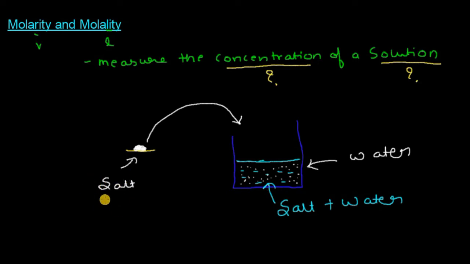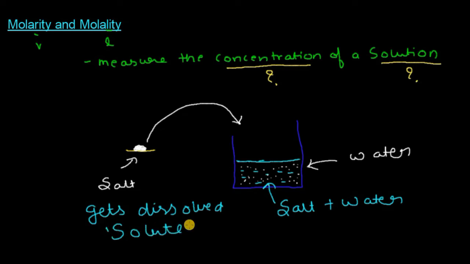This substance, which is present in very small quantity or which gets dissolved, is known as a solute. This is a very important term. Please remember this term. The substance which is present in greater amount or which dissolves the other, is known as a solvent.